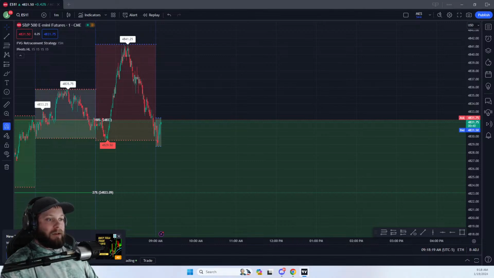Label color high, root level low. This is label color low, which would be the wrong side for bearish. We want label color high, which would be green. Low is equal to color dot green, save.